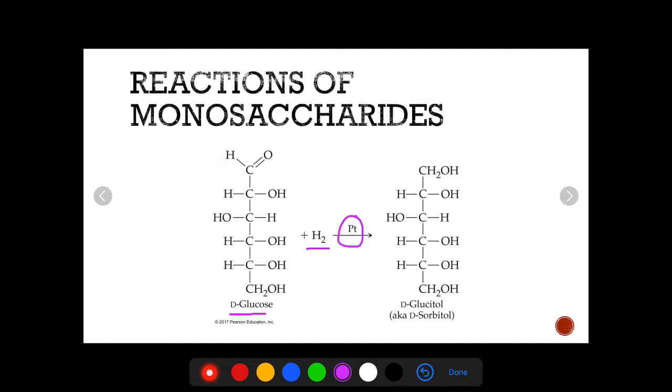So I get a hydrogen attached to carbon and a hydrogen attached to oxygen, and my double bond goes away. So this is called a sugar alcohol. So these sugars are used as sweeteners in many sugar-free products.